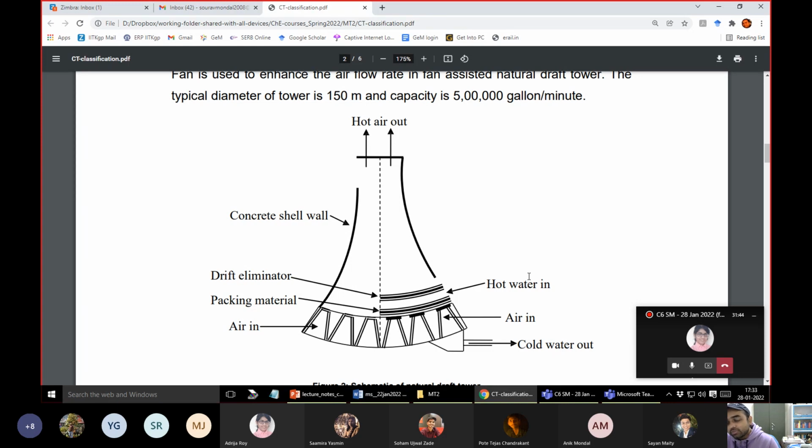This is what we generally call the natural draft, where the base is really big and towards the top it's like a chimney, so the air can come in from the bottom and move through this entire big chimney arrangement, and naturally the air flows due to convection. In a part of this unit, the contact of the water arrangement is made. As you can see, the hot water will come in and make intimate contact with the air. And this is what we mean by the natural draft.